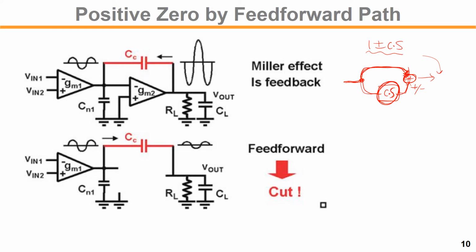In the Miller compensation example, we have the CC compensation in the feedback. So one signal path is through the capacitance, the other is through the amplifier itself, right? So this amplifier, in that case, is it additive?